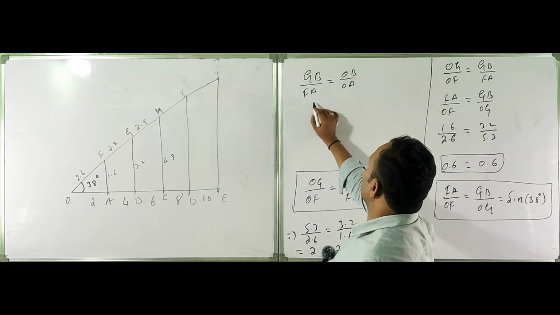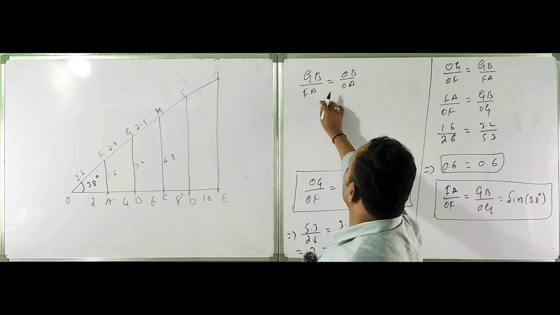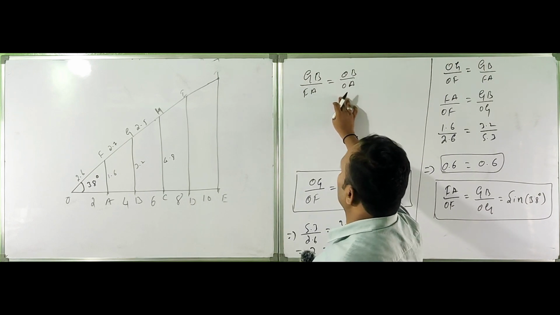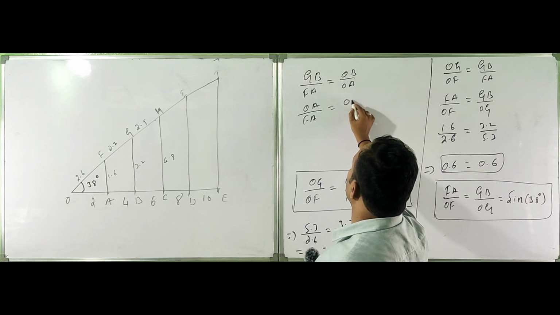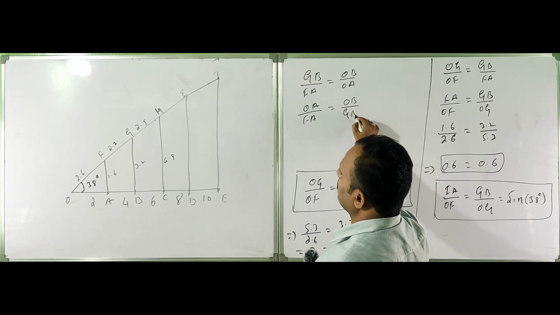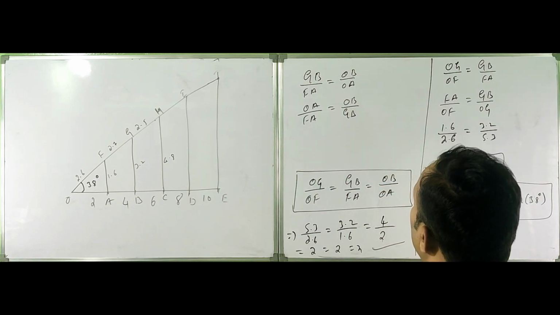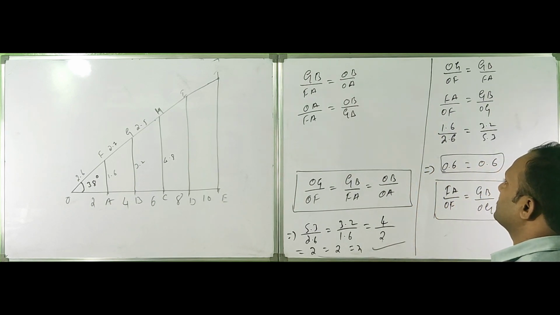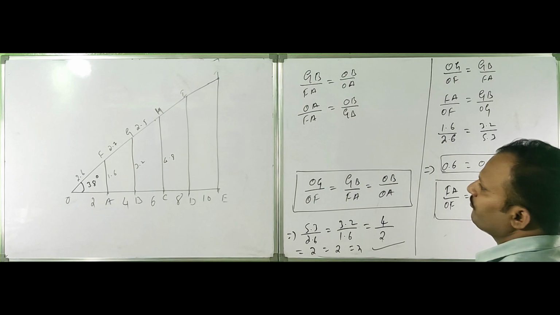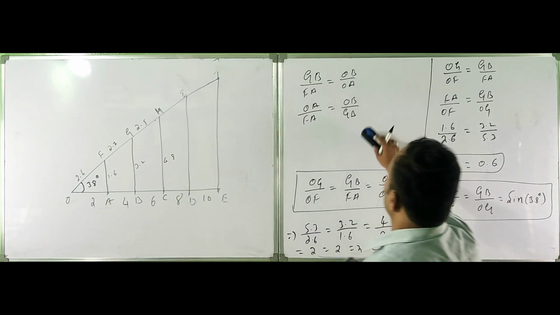OA by FA is equal to OB by GB. Not this one, should not take this one.